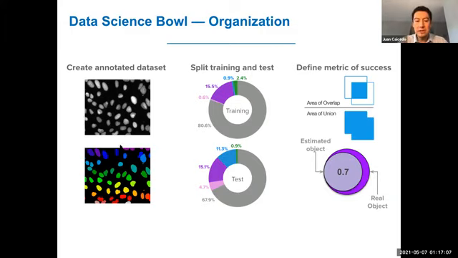So we created the dataset collecting images from multiple different experiments and then manually annotating what would be the output that the algorithm is supposed to produce in order to obtain an accurate segmentation. So we call this the ground truth. And then after collecting a set of images with approximately 32,000 single cells manually annotated, we split the dataset in training and testing.